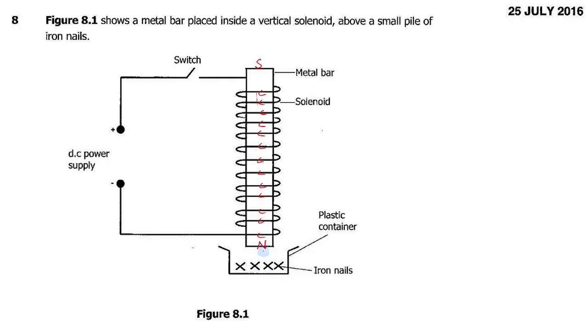It will not attract, so they will take time to be attracted until it is made a magnet. That's when it will get attracted. Now, after it has been made a magnet, when this switch is turned off, this steel will still remain a magnet. So these will still remain attracted there even if it is turned off. So they will not drop.